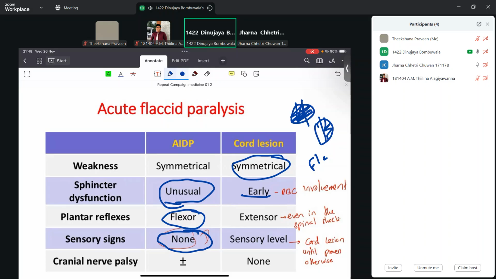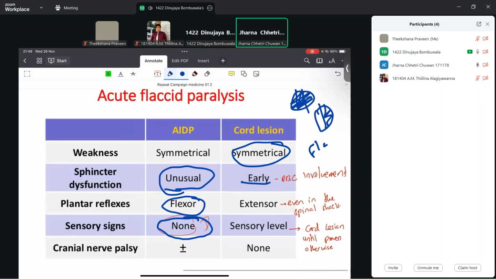Initially he said there are no sensory signs, only sensory symptoms, but later on he said he only told us that because we had not matured enough to understand. However, even though it is mentioned as none here, a set of patients get sensory signs. You should remember that.